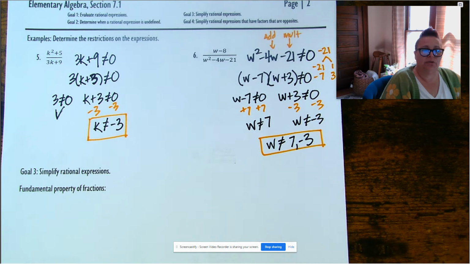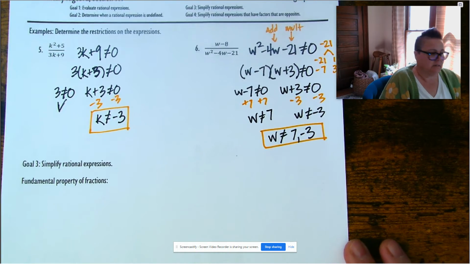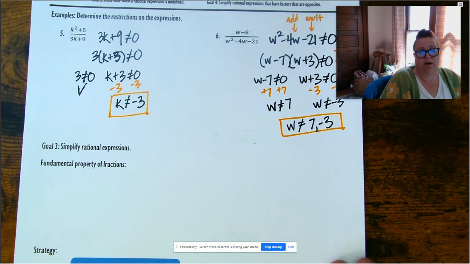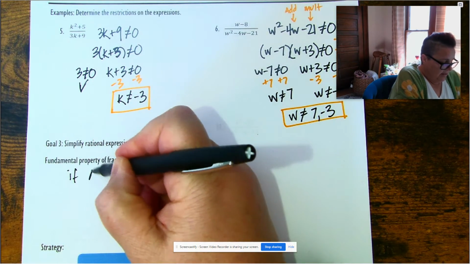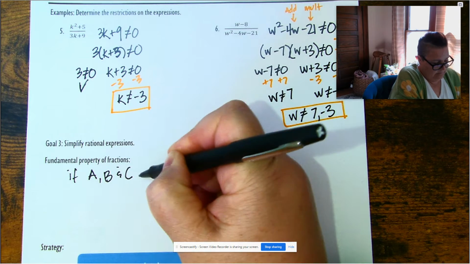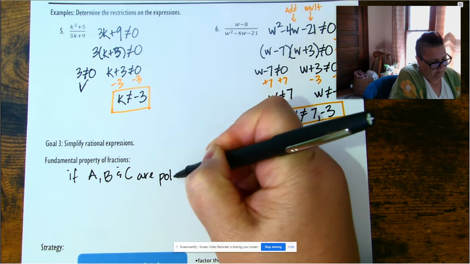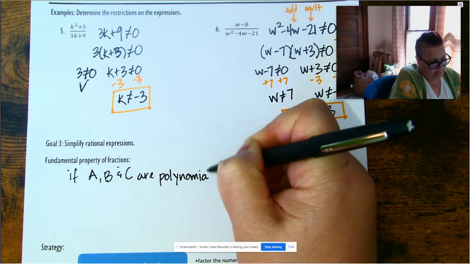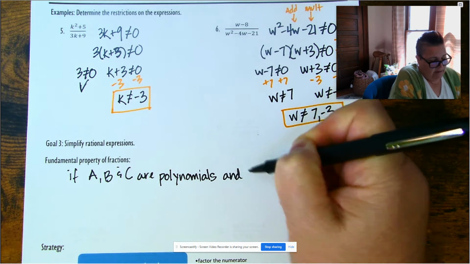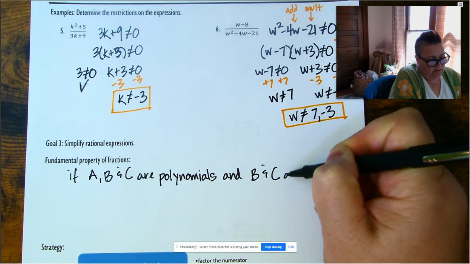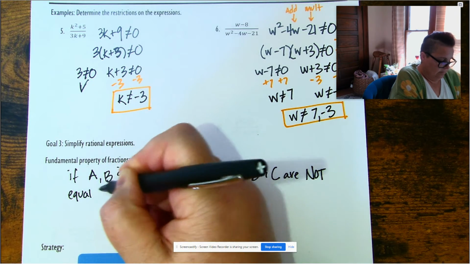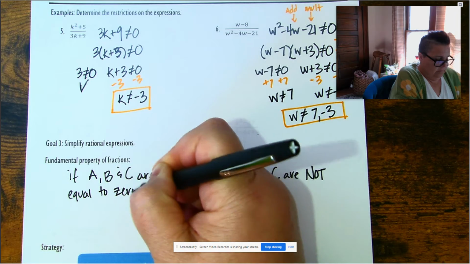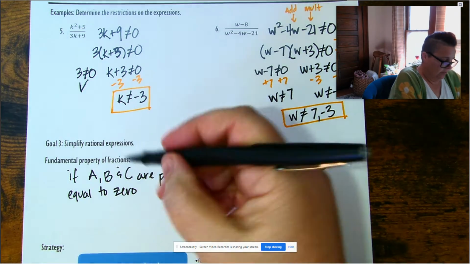That brings us to the third goal. We're going to use all of this in order to be able to simplify those rational expressions. In order to do that, we need the fundamental property of fractions, which basically says if A, B, and C are polynomials, and B and C are not equal to 0, right? We need our restrictions maintained from above.